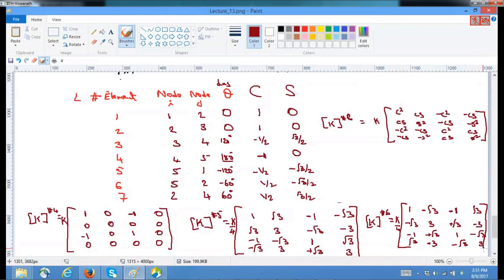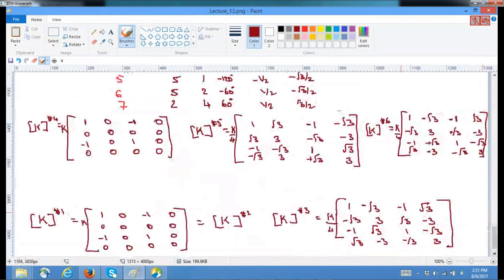Similarly, I can show my k7. Let me just derive it in a minute.